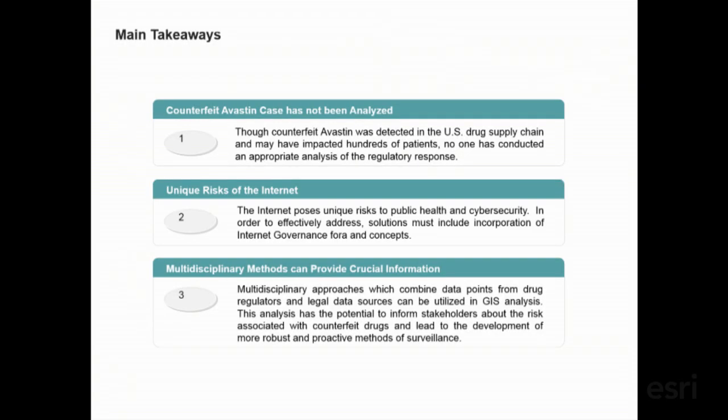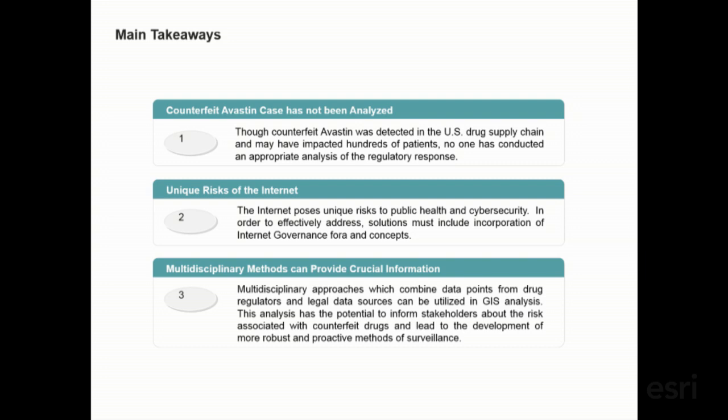So the implications for this are that 3 years after counterfeit Avastin had been detected in the US, there were some Wall Street Journal articles that came out, and there were some news reports, but nothing's happened so far. There have been some legal prosecutions, so the second part of this analysis, this is just one aim of a larger research project, is to map out the legal prosecutions, what type of clinics they have actually prosecuted against.